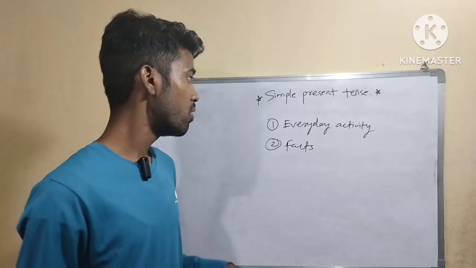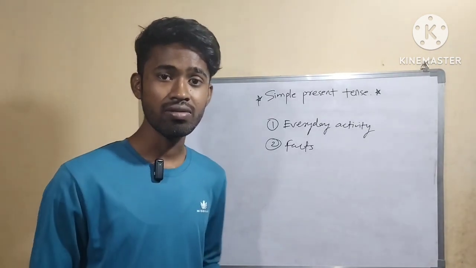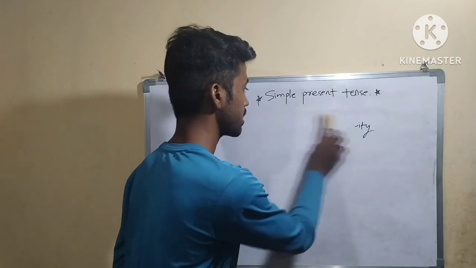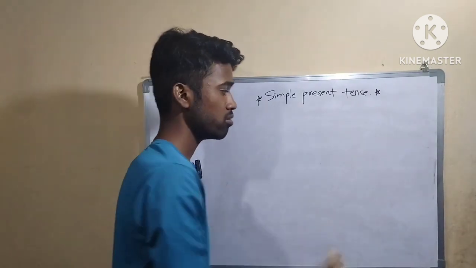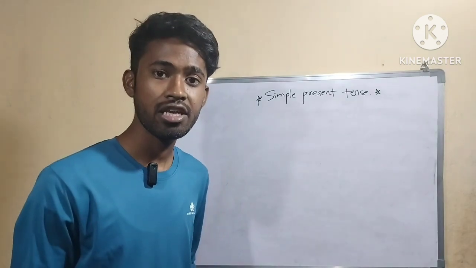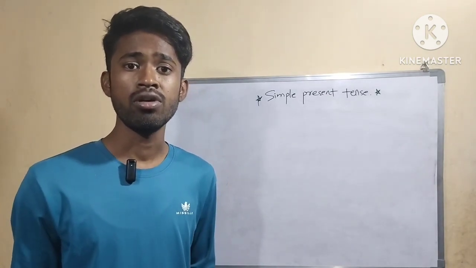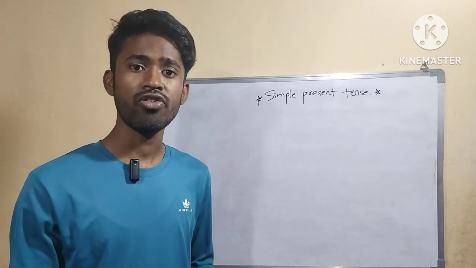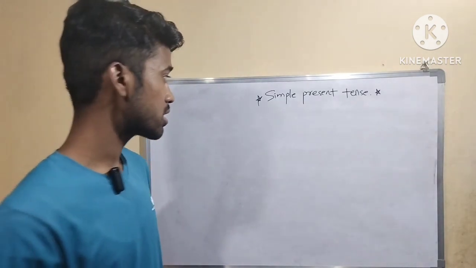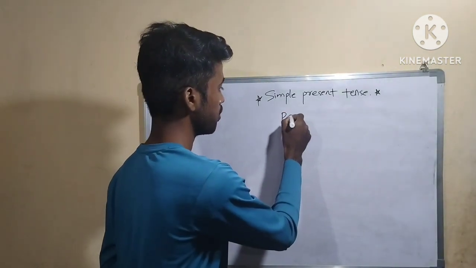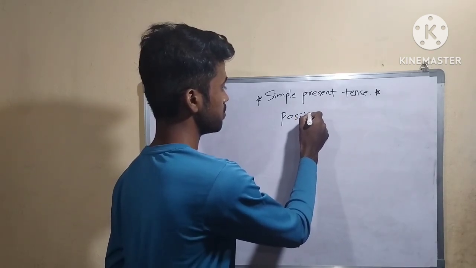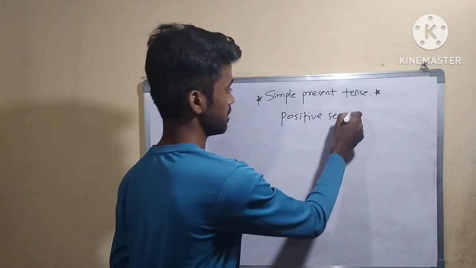Now after this we will discuss the structure of simple present tense. So now see the structure of simple present tense. Now a sentence can be positive sentence, a sentence can be negative, and it can be interrogative. So we will see the structure of all these different sentences. Okay, so first we will discuss the positive sentence.